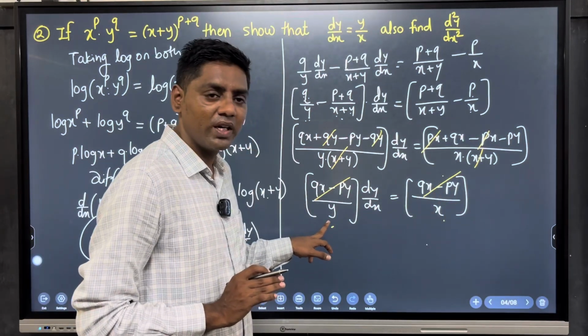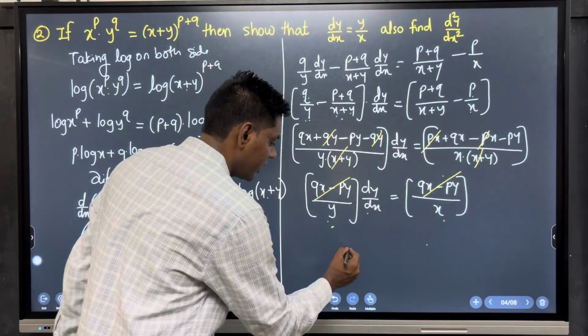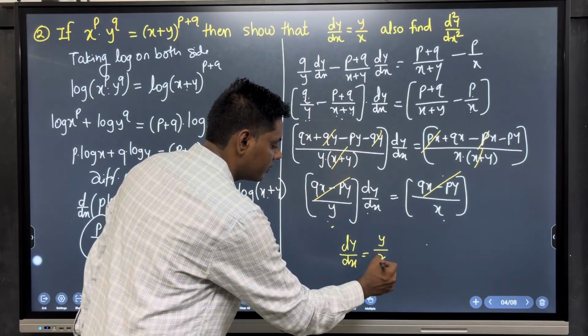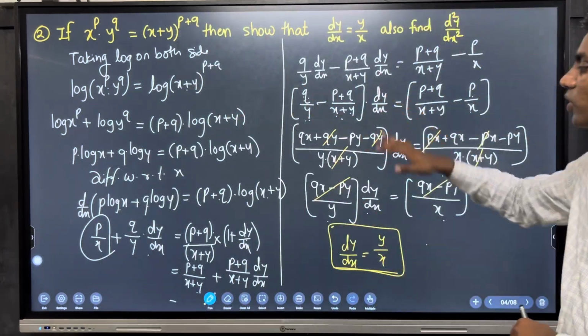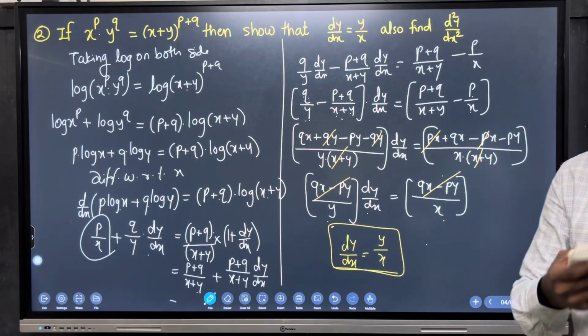Y is in the denominator, so when multiplied, dy by dx goes to the numerator. So what we get as the final answer is dy by dx equal to y divided by x. So we complete the question. This is an important question. Very simple question. You can solve it and make practice.